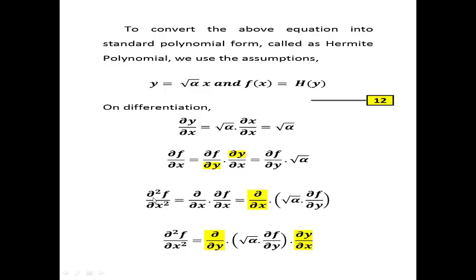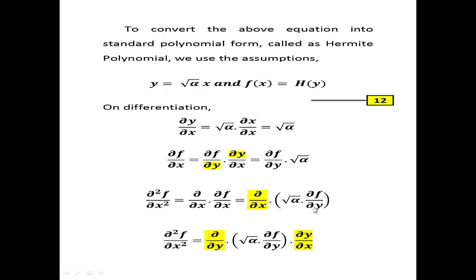So if I write dou squared f by dou x squared, which I want to substitute in equation number 11, I get dou by dou x of dou f by dou x. You notice that dou f by dou x is equal to dou f by dou y times root of alpha. Here I have a term which is related to x, whereas here there are no terms related to x.